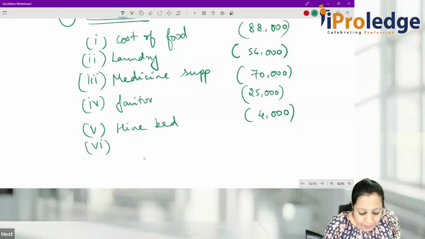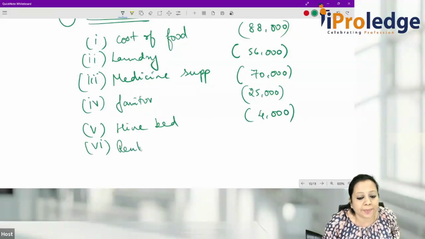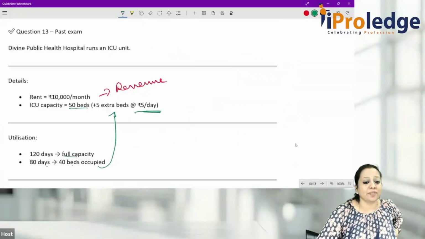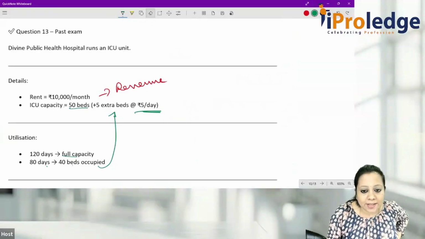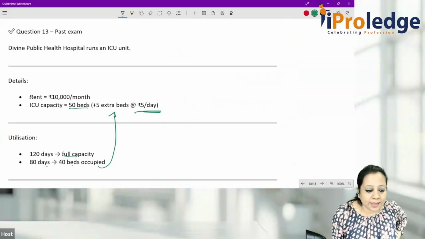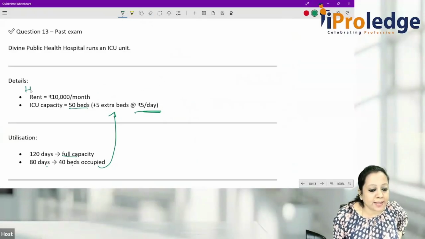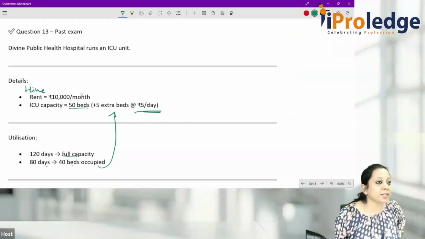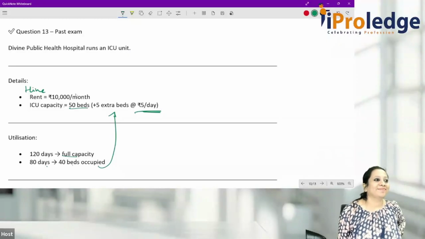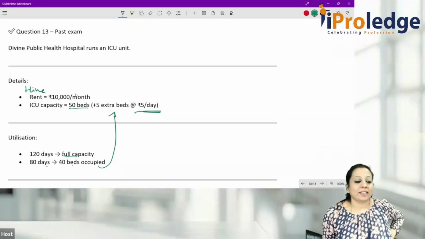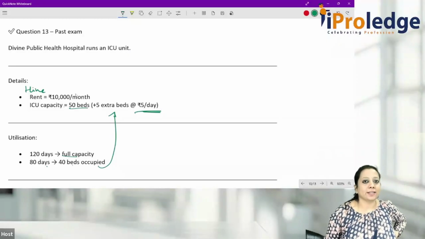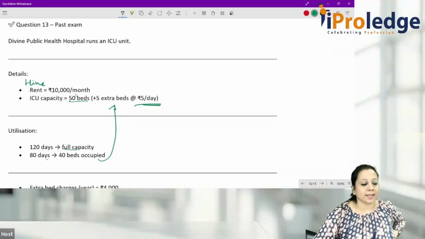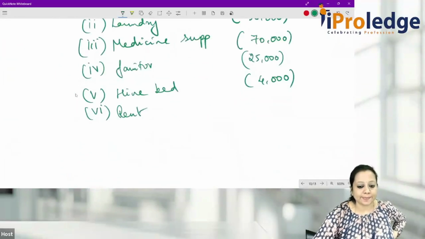Next is going to be hire bill for renting. This is the information that is missing. I was telling some information is missing. That is why we got confused here. This is the information that is missing. This is hire rent. All right, students, it makes all the difference, no? Now, when I'm reading the original question, I could figure it out. So, don't worry, this also will be updated. Yes, hire rent charges.